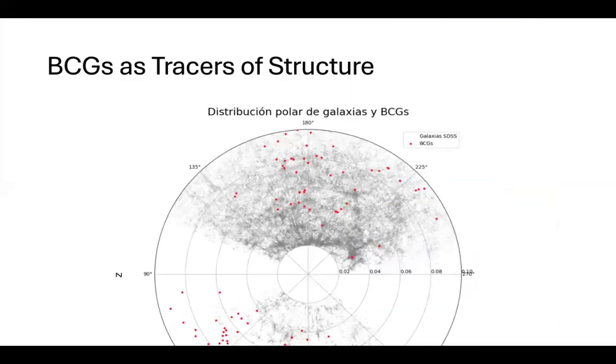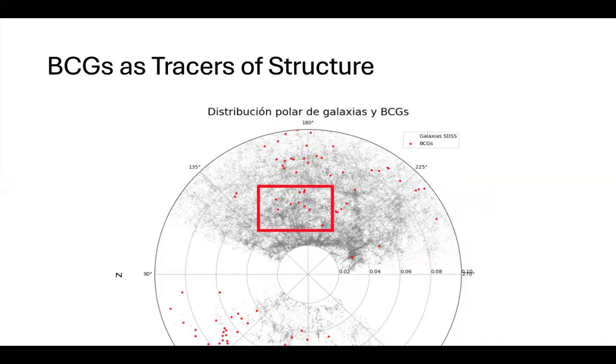So here, the idea is to use the BCGs as a tracer of structure and also of evolution. This is the polar distribution of galaxies and BCGs. You can see the red points are the BCGs, and on the background you can see the galaxies from the Sloan Digital Sky Survey.